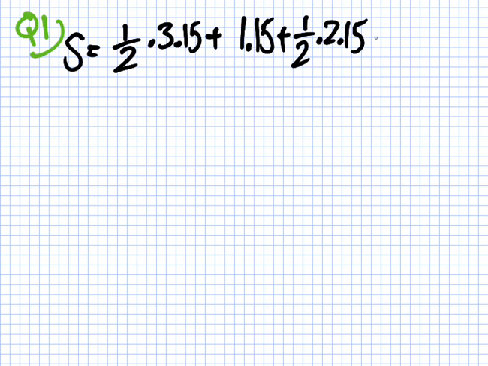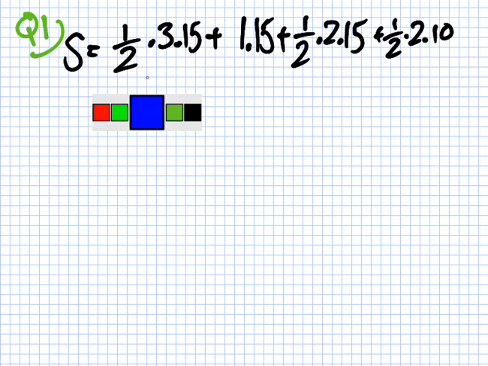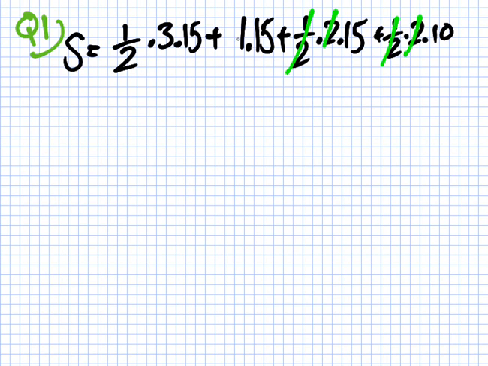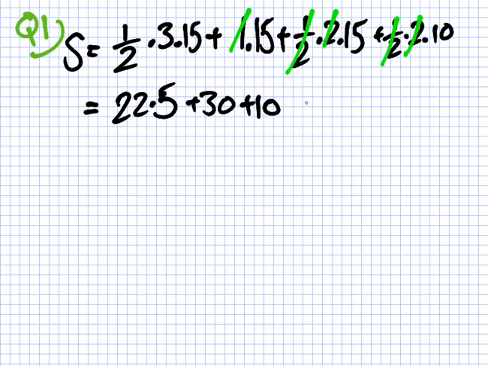Okay, what one's next? This is 1 times 15. So that's 1 times 15. And then next is a half of 2 times 15. And then next is 0. And then finally is a half of 2 times 10, is it?